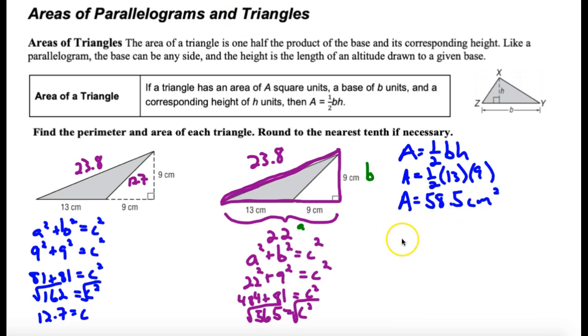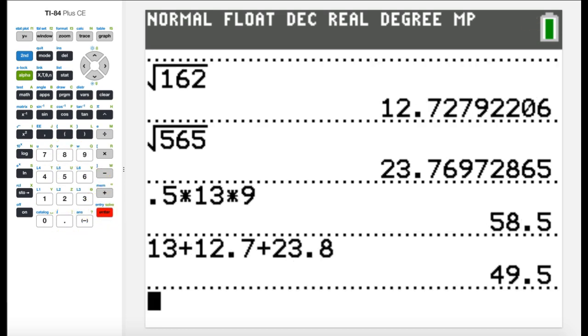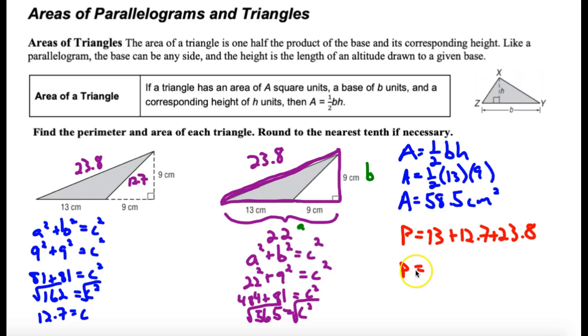Then my perimeter is going to be 13 plus 12.7 plus 23.8. Perimeter is 49.5, and that'll just be centimeters.